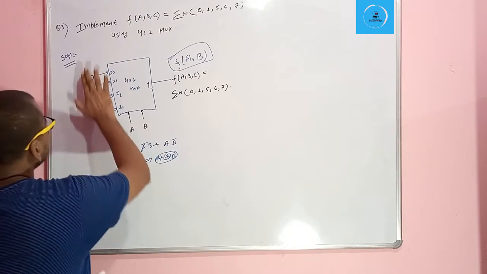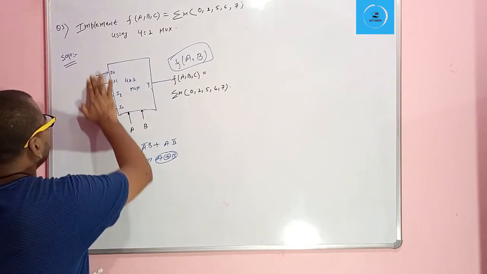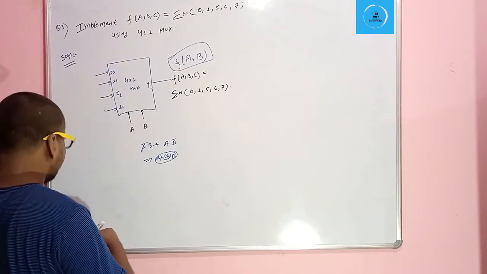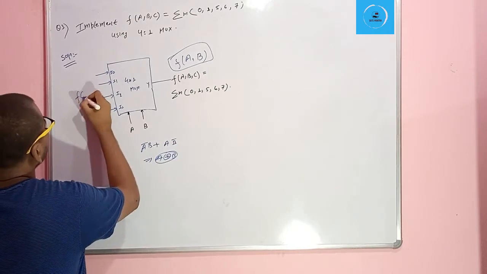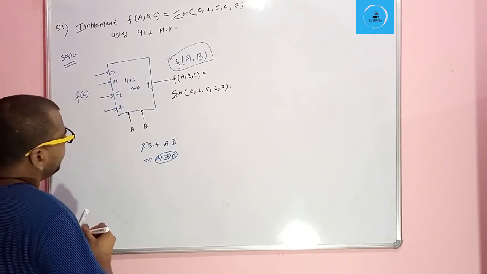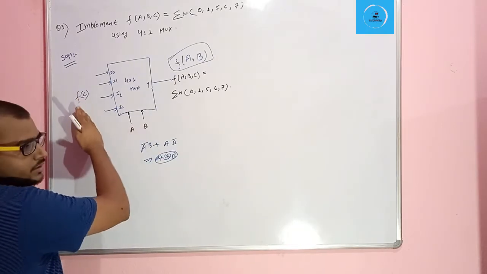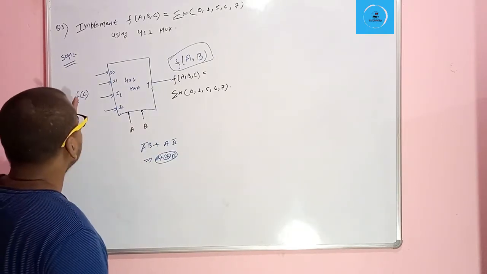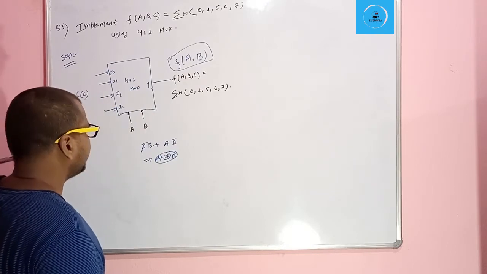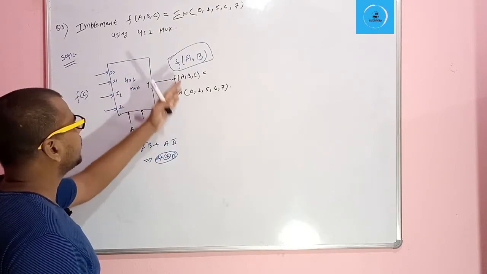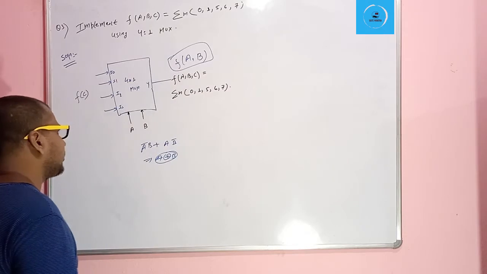So here, instead of any value, we will give a number that will be a function of c. We provide a, b as the selective lines, and here we will give the function of c. By using it we are going to get the output which has the three literals a, b and c.